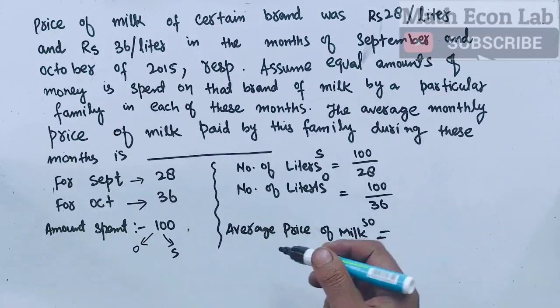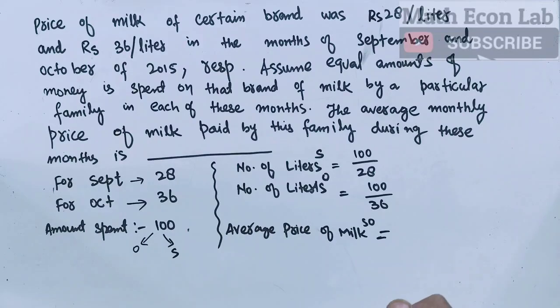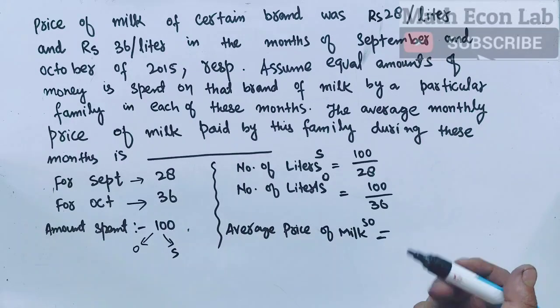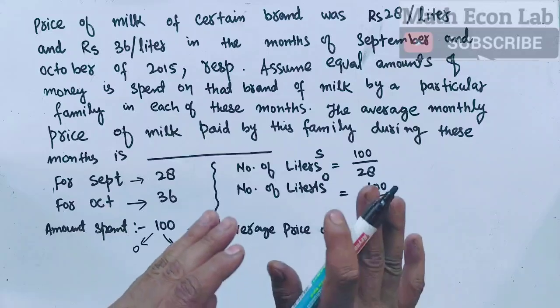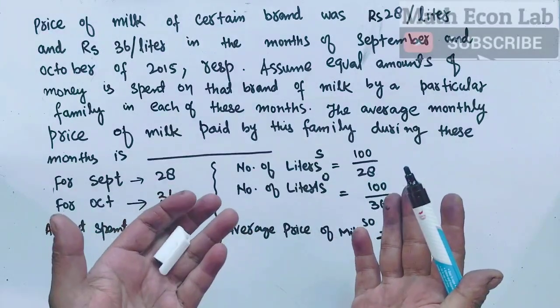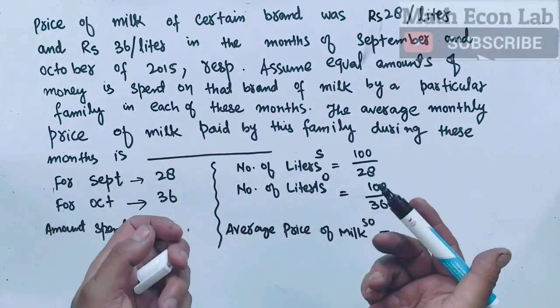Okay, what will be the average price of the milk then for the months of September and October? It will be equal to the total amount spent in these 2 months divided by the total amount of milk bought.